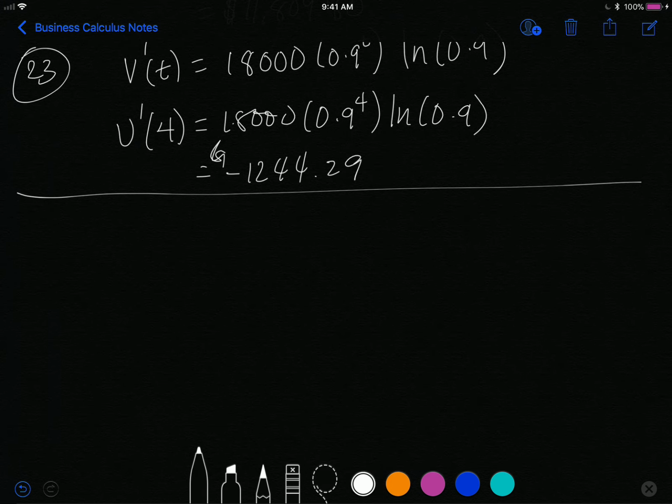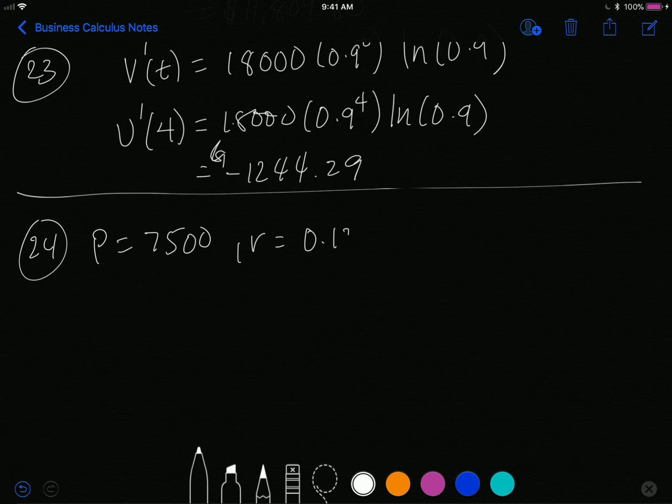Number 24, I have compounding continuously. They tell me that the amount I am investing, my principal, is $7,500. The rate at which my money is being saved is 12.5%, compounding continuously, so I'm using an e.